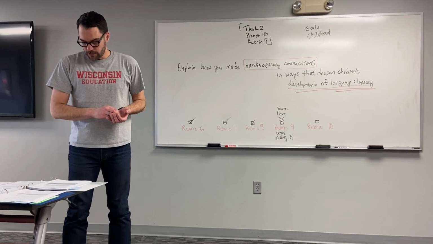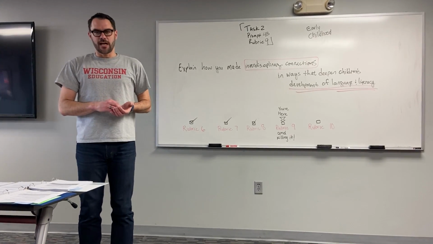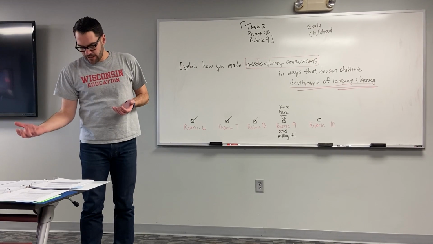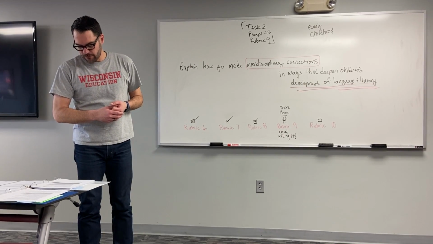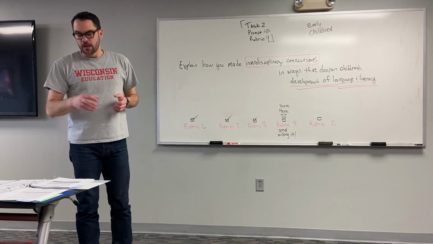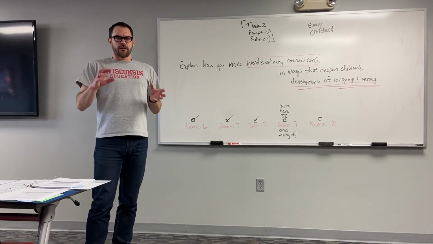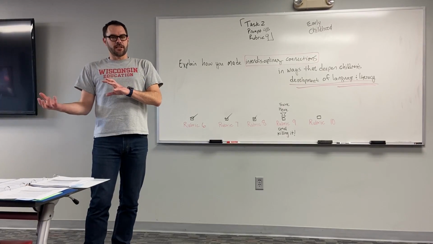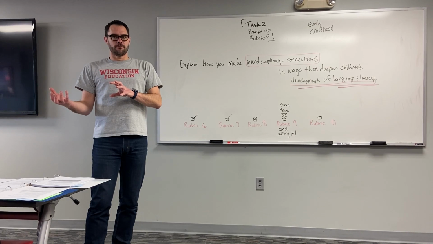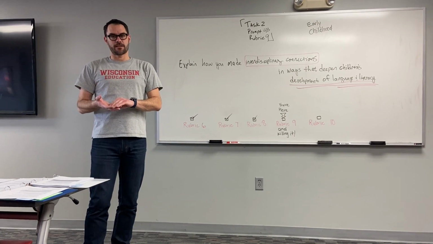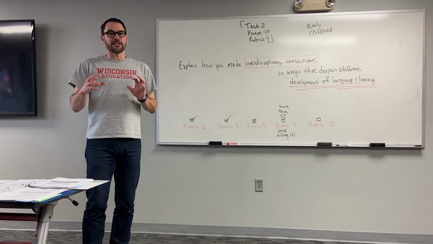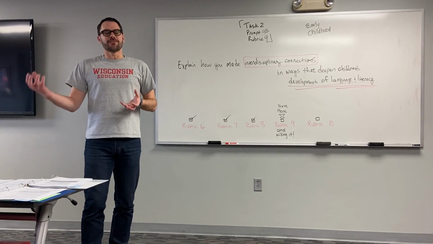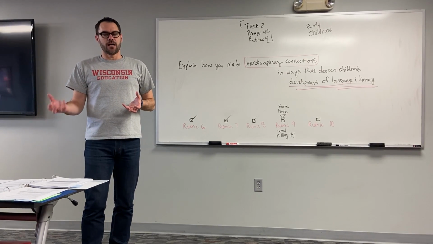It can also include language and literacy concepts that are outside of the central focus of the learning segment. So realizing that interdisciplinary could be outside of the discipline of language and literacy, so science, social studies, or math, or it could also be language and literacy that's outside of the central focus of the lesson you're teaching.